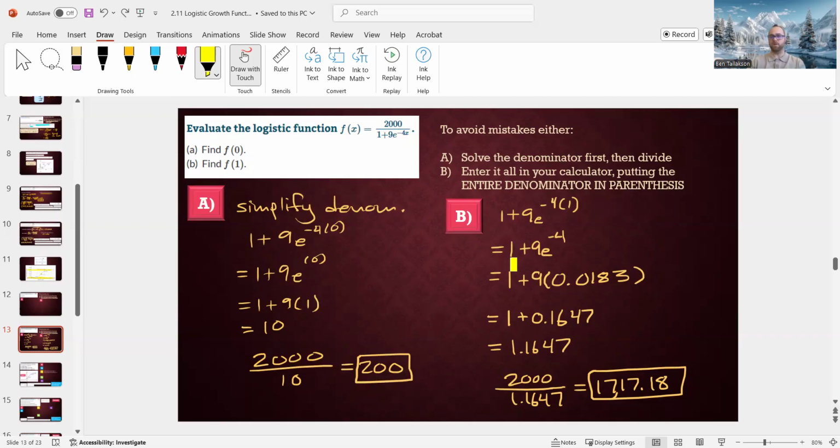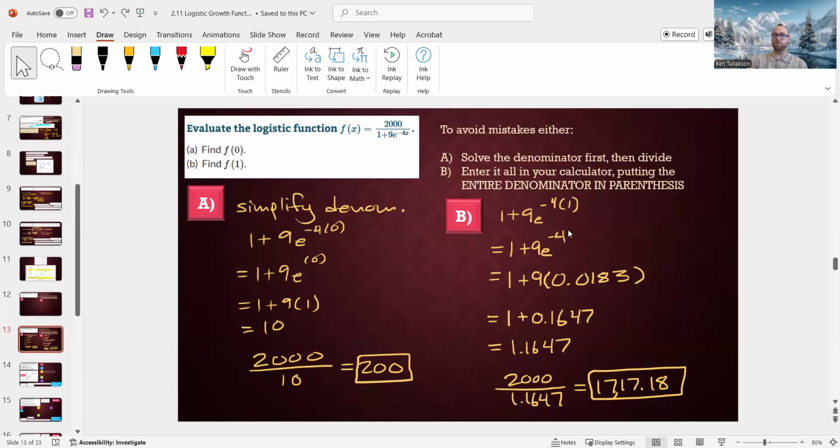And then f of 1, plugging in 1. Now this time, you're not going to get that 1 right there. So you will need a calculator. A bit of advice, if you're using a handheld calculator, you need to put the entire denominator in parentheses. If you're using a Desmos calculator, it will look exactly the same. So just visually check. So this time when you plug in 1, you get -4.